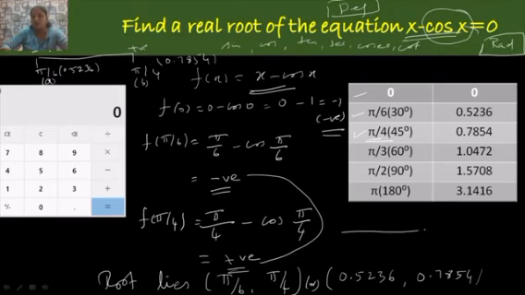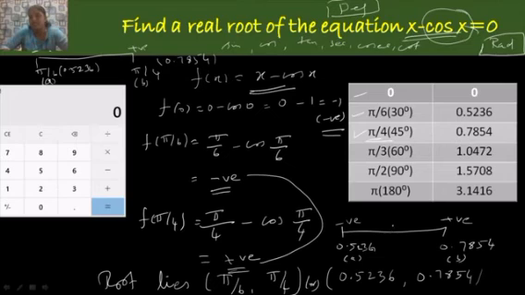So the root of the equation lies in the interval 0.5236 and 0.7854. You have to take this as your a value and this is your b. At this point the function has a negative value and at this point the function has a positive value.